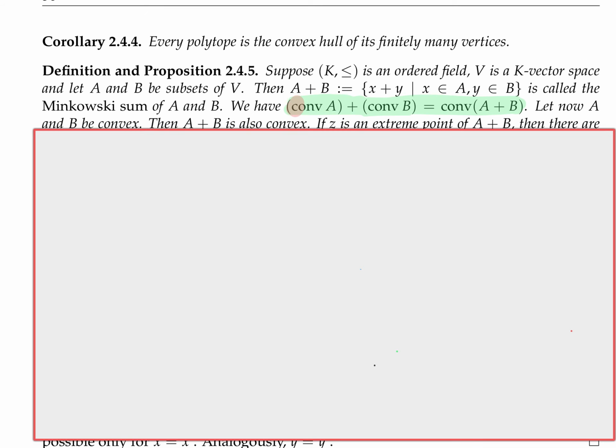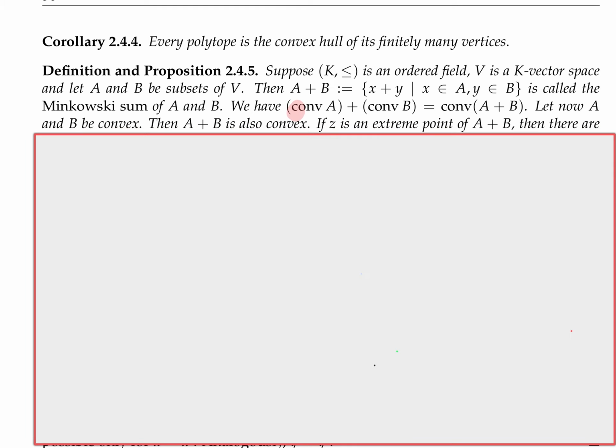So now let A and B be convex. Then A plus B is also convex. That follows now, if you accept this already here. Because if A and B are convex, then they equal their convex hull, so you see that A plus B is the convex hull of A plus B, so A plus B is convex, right?